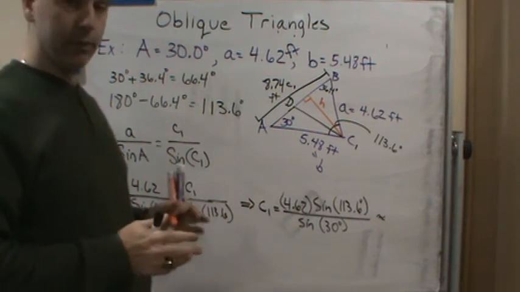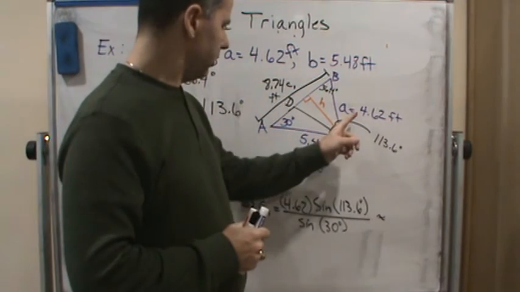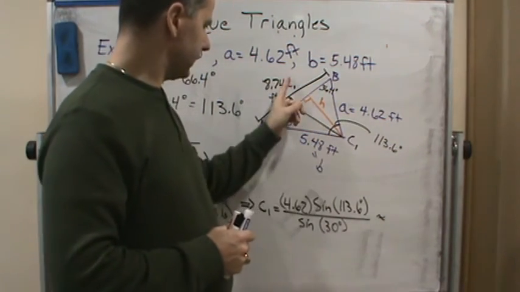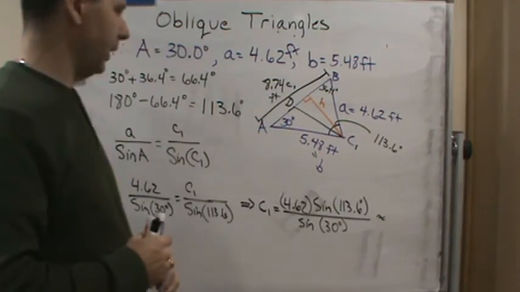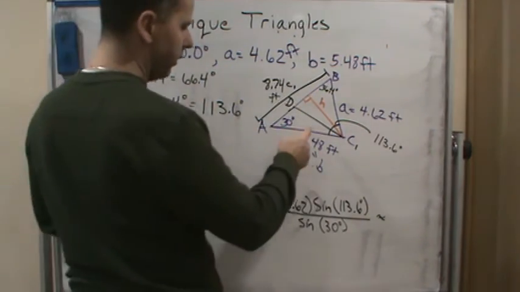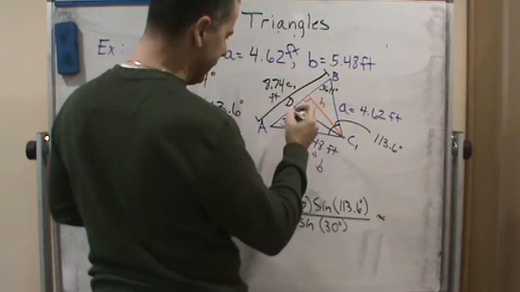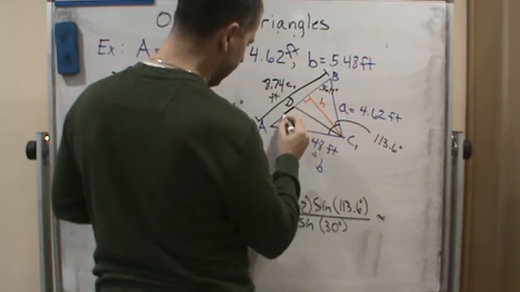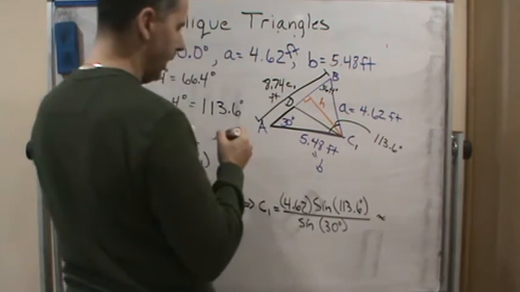So now we solved for the first triangle. We've got all three sides, and we've got all three angles. Now, let's consider the other triangle, which is ADC, right here.